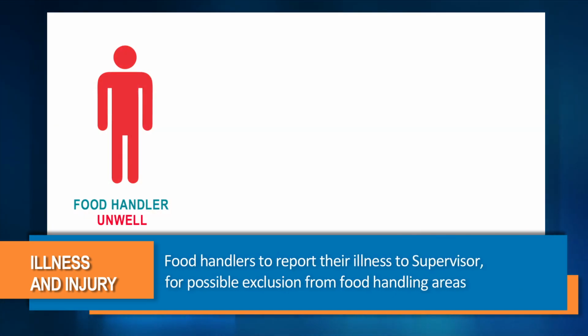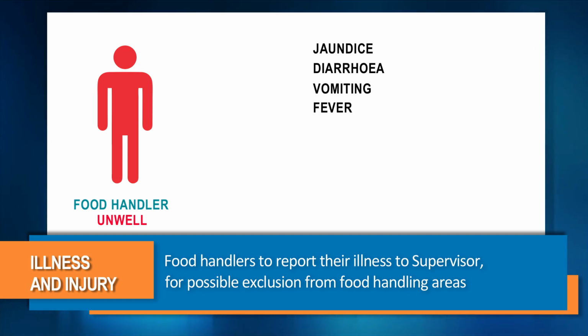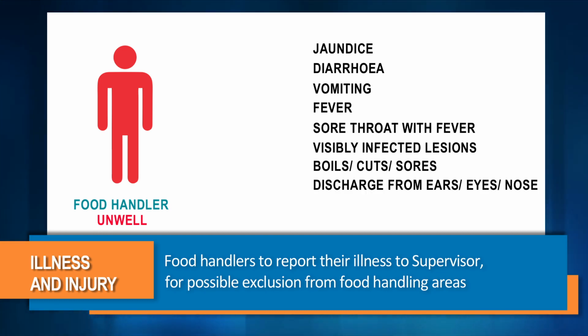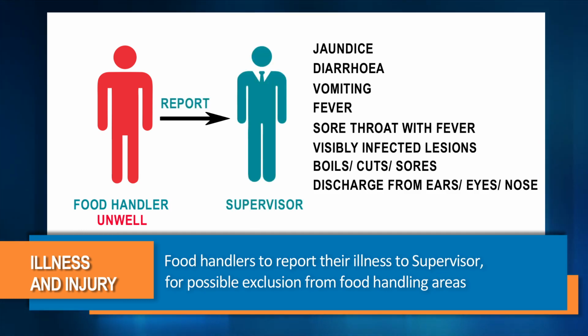Food handlers shall themselves report the conditions such as jaundice, diarrhea, vomiting, fever, sore throat with fever, visibly infected lesions, boils, cuts or sores, and discharge from ears, eyes or nose to the supervisor for possible exclusion from food handling areas.